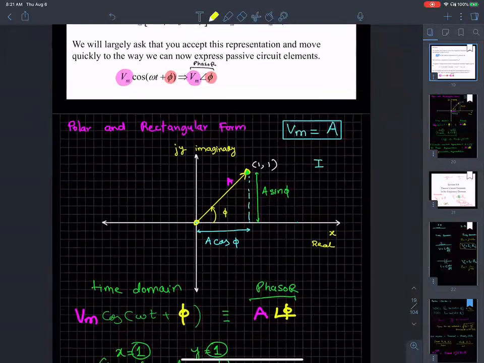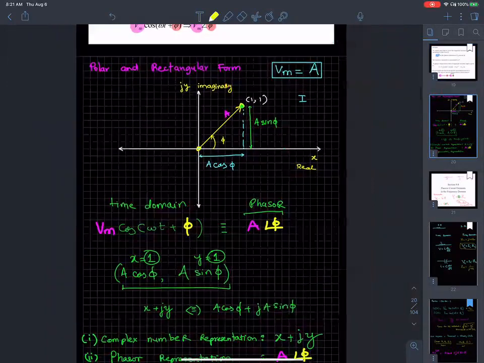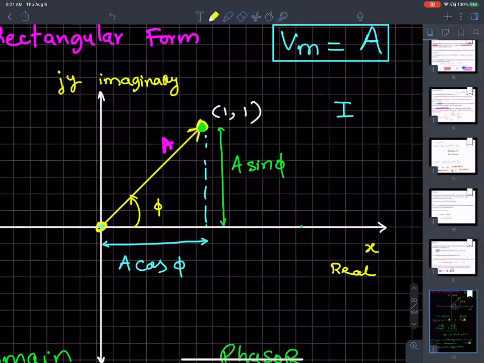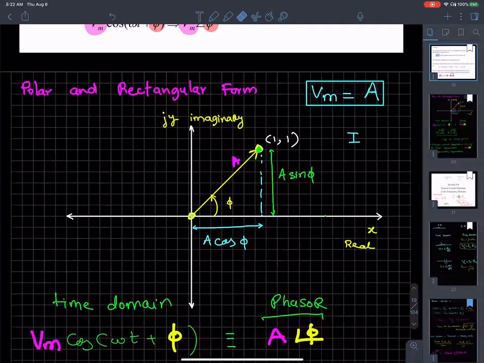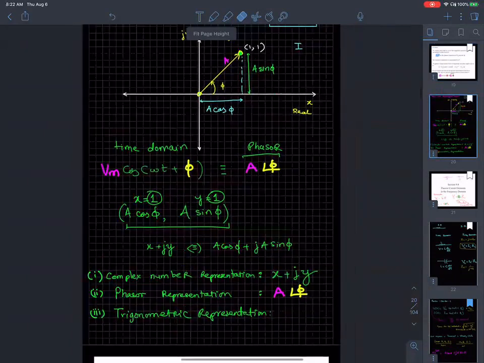Now, I showed you how if you represent a complex number on the x and y axes, with the x-axis carrying the real part and the y-axis carrying the imaginary part, you can represent a point in this Cartesian coordinate system using its x and y coordinates, or using a magnitude and angle. That's the intuition behind conversion between polar and rectangular form.